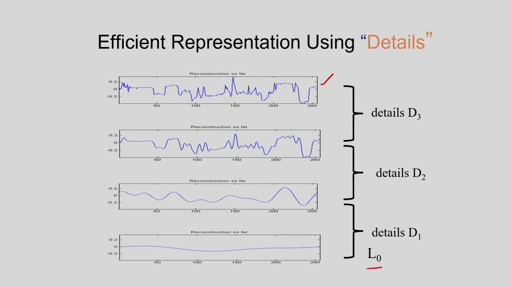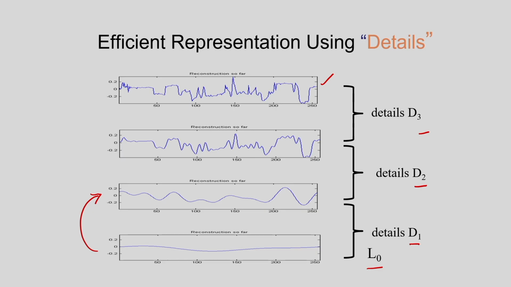L0 is the low frequency information, and for the high frequency information, that is the detailed information, I am considering D1, D2, D3. Suppose I combine L0 and D1, where L0 is the low frequency information and D1 is the high frequency information. By using this, I want to reconstruct the signal. Then I can reconstruct the signal like this, by considering L0 and D1.